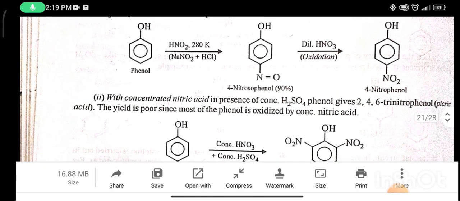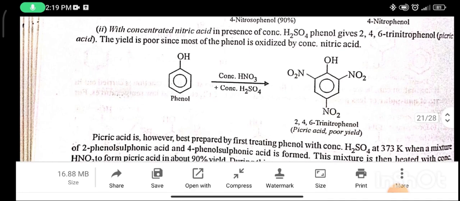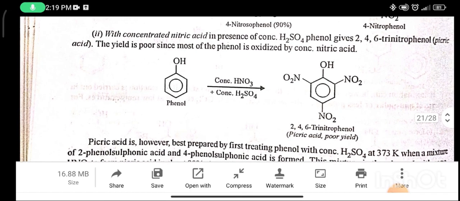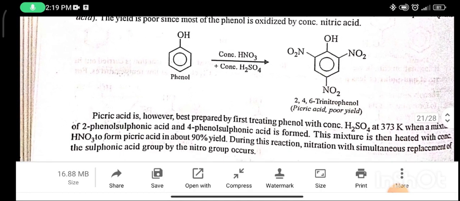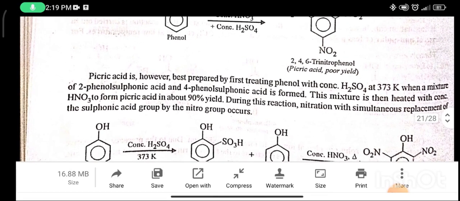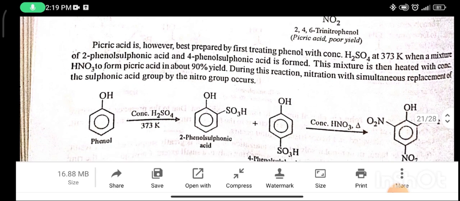It gives 4-nitrophenol. With concentrated nitric acid in the presence of concentrated H2SO4, phenol gives 2,4,6-trinitrophenol, picric acid. The yield is poor since most of the phenol is oxidized by concentrated nitric acid. Picric acid is, however, best prepared by first treating the phenol with concentrated H2SO4 at 373 Kelvin, when a mixture of 2-phenol sulfonic acid and 4-phenol sulfonic acid is formed.